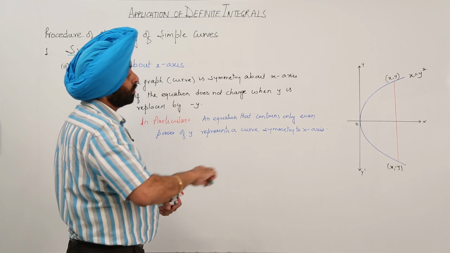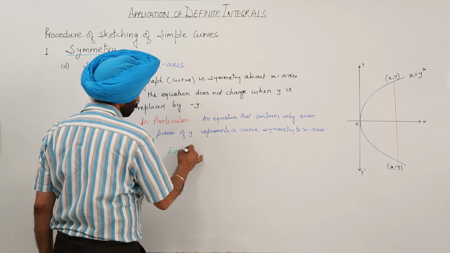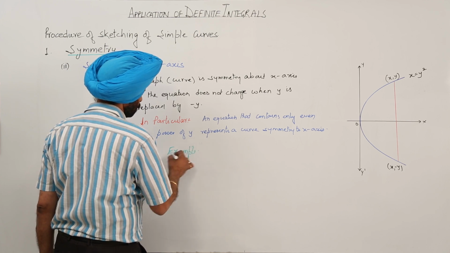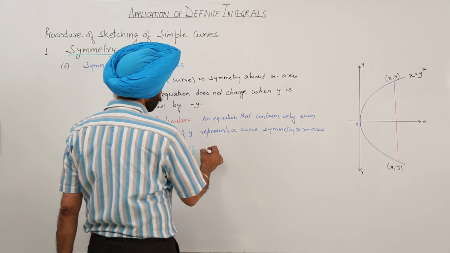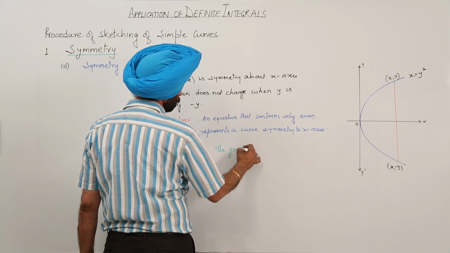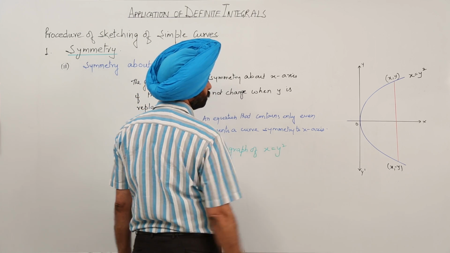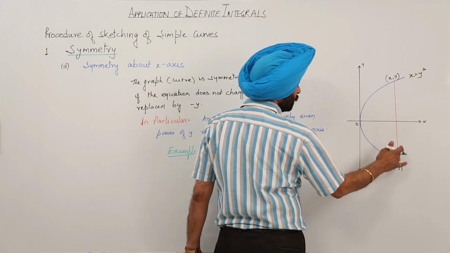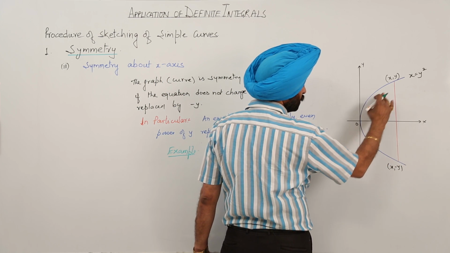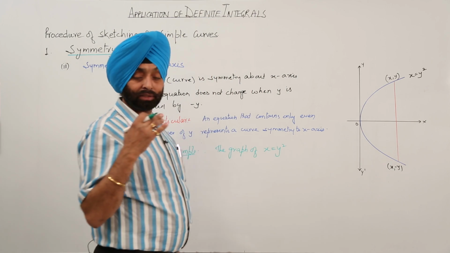And example, already drawn a graph there. Example, the graph of x is equal to y square. Now here from the x-axis, points lying on this side and points lying on this side are exactly at the same distance.